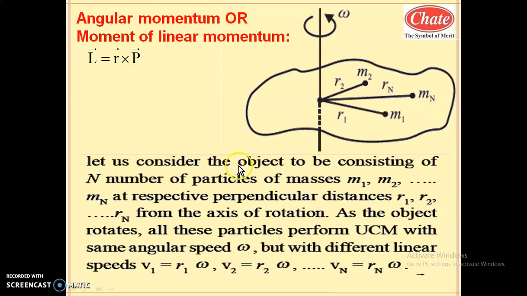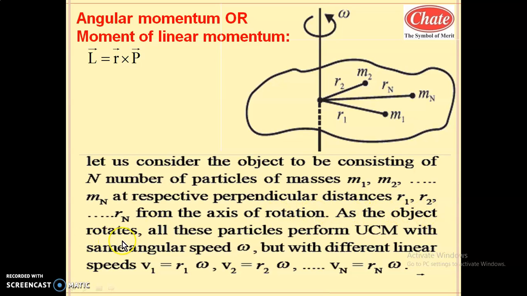Let us consider the object to be consisting of n number of particles of masses m1, m2, dash, mn at respective perpendicular distances r1, r2, dash, rn from the axis of rotation.